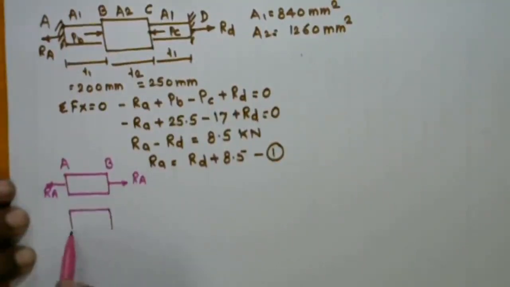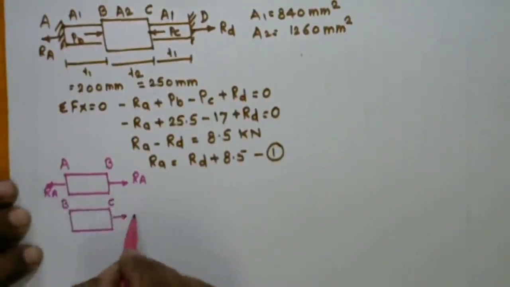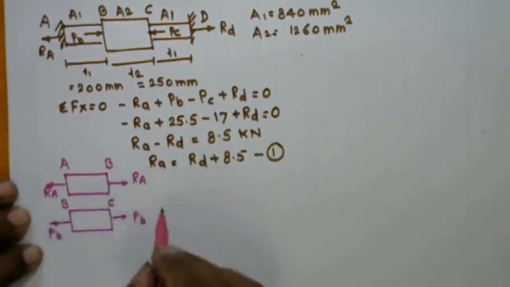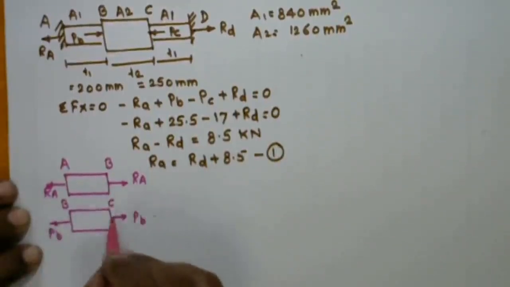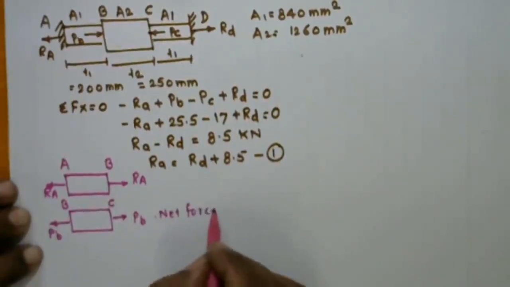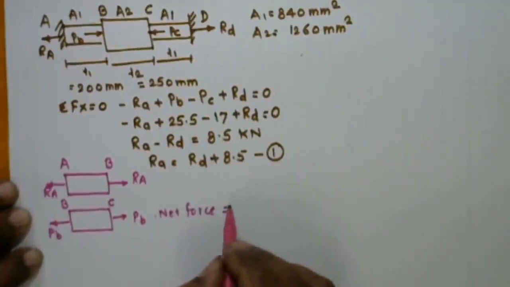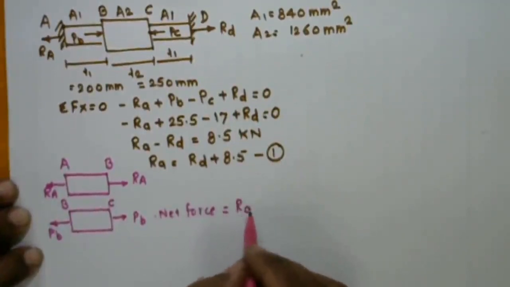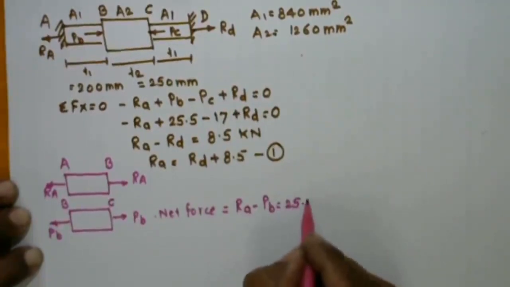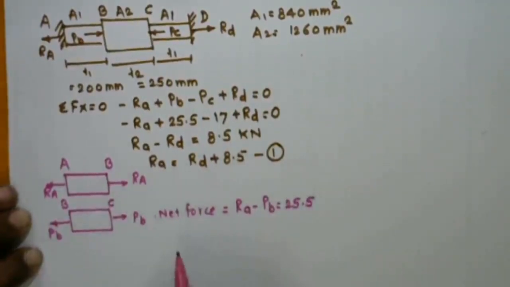At section BC, PB is there, here also PB is there, so we may say the net force acting on it is RA minus PB, which is 25.5 kilonewton acting on it.